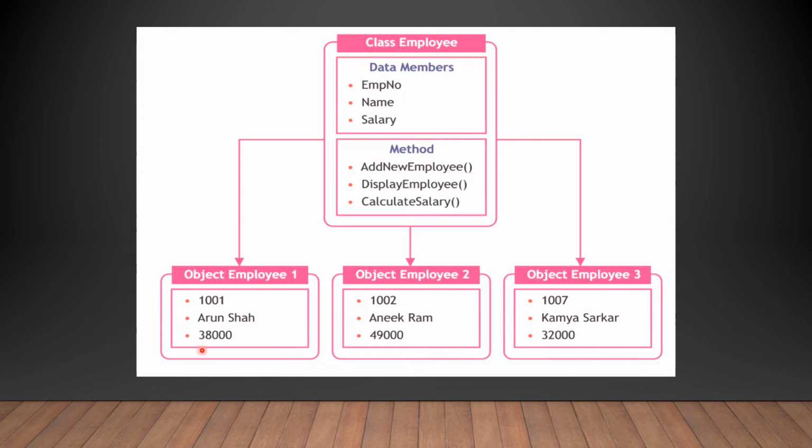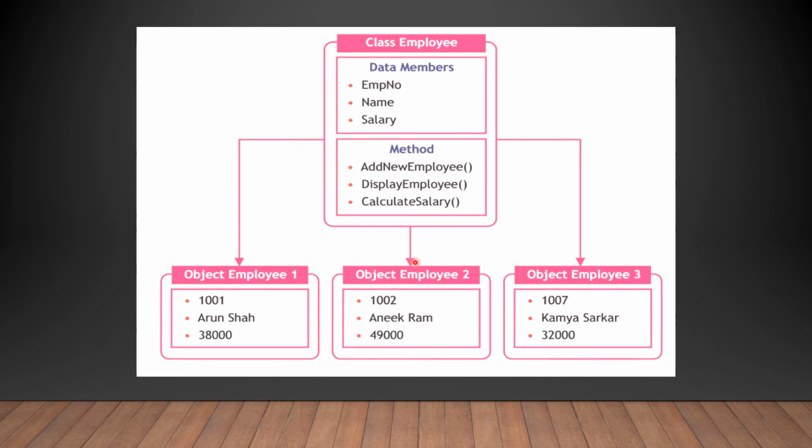So here you can see that the data members and methods are inside the class, but the real data, the actual data is inside the object. So here first data member is 1001, then Arun Shah, then 38,000. So this is the salary, this is the name, and this is the employee number.